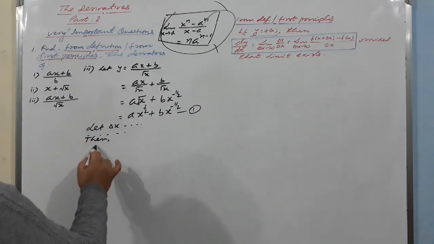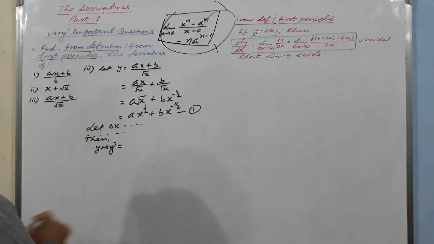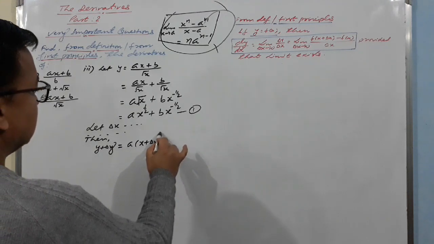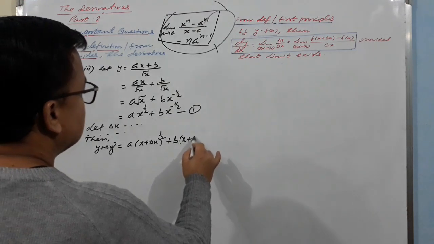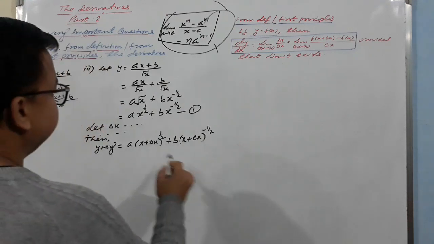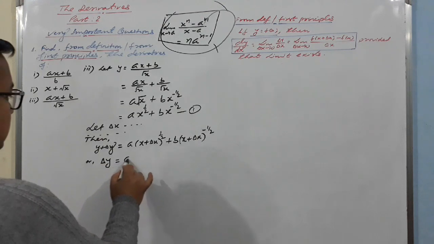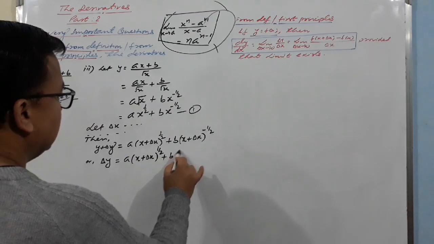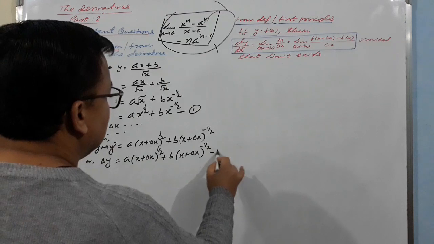Then you will definitely have y plus delta y equals a times (x plus delta x) raised to power 1 by 2 plus b times (x plus delta x) raised to minus 1 by 2, or delta y is equal to a times (x plus delta x) raised to 1 by 2 plus b times (x plus delta x) whole raised to minus 1 by 2 minus y.